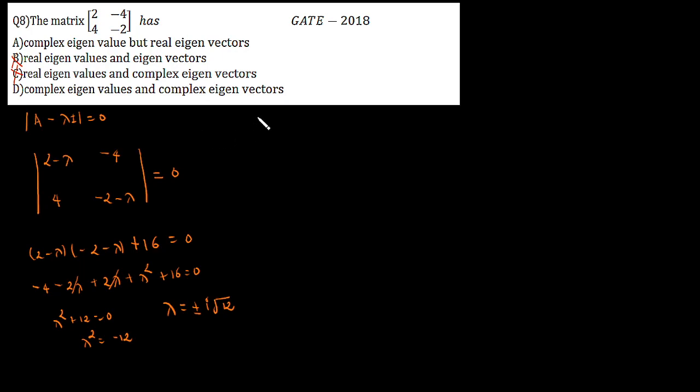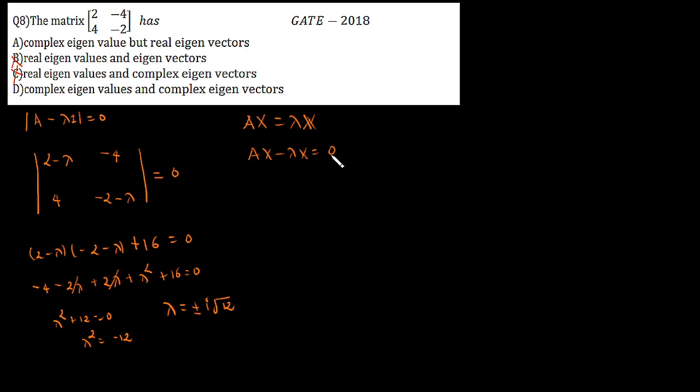So how do we find the eigenvector? Just simply, I have matrix A and I am multiplying with vector x. This is the basic definition from the concept of eigenvector. So let's bring the right hand side to the left hand side: minus lambda x equal to 0.